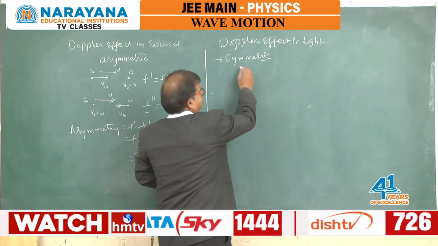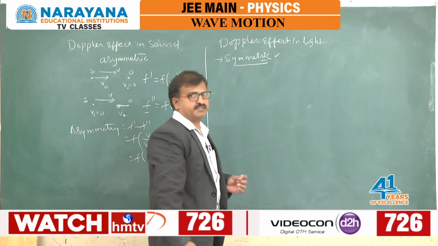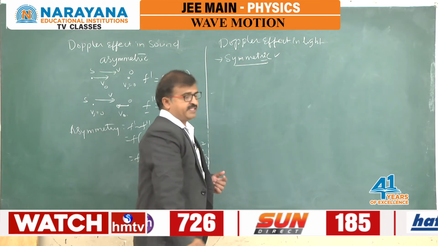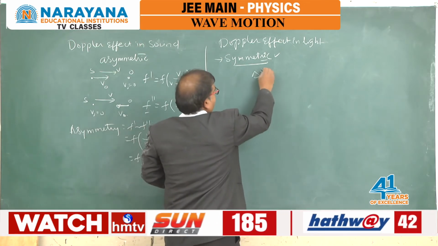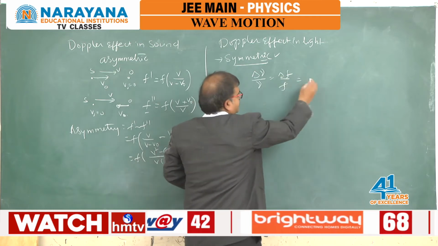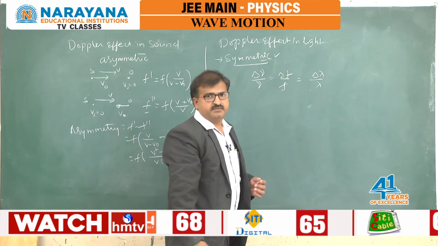So in such cases, the change in frequency will be the same in both cases. So it is considered to be symmetric in the case of light. So here Δν by ν or Δf by f, whatever we say generally, will be equal to Δλ by λ.